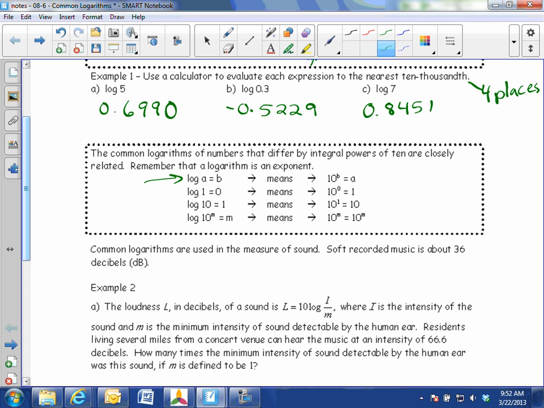Same with log of 10 is equal to 1, because 10 to the 1 is 10. Questions on how those work? Just remember it's always equal to the exponent.